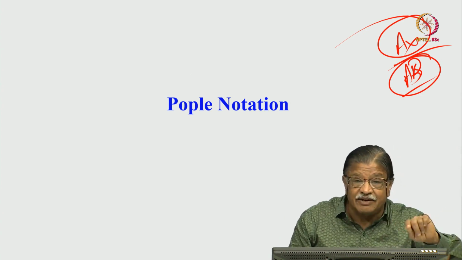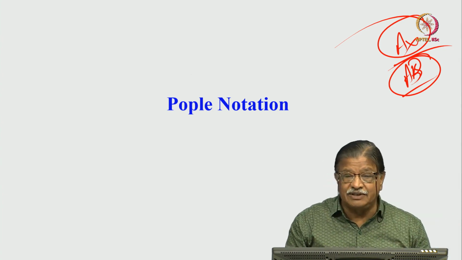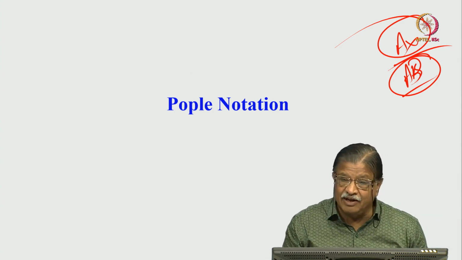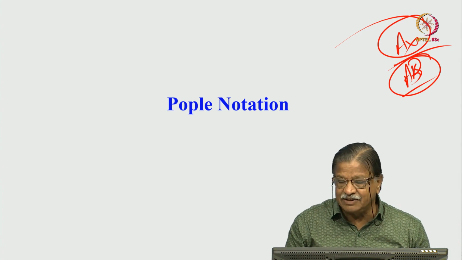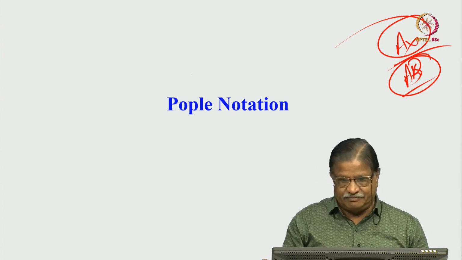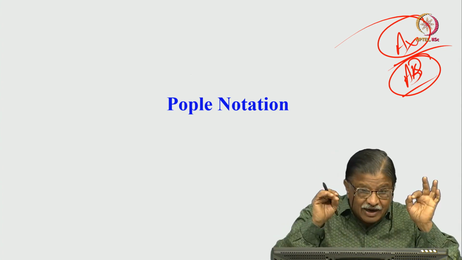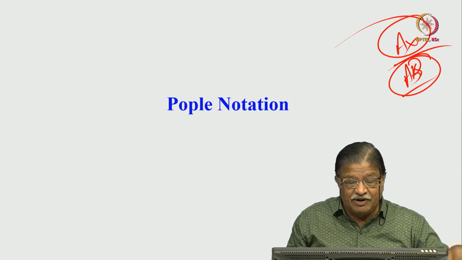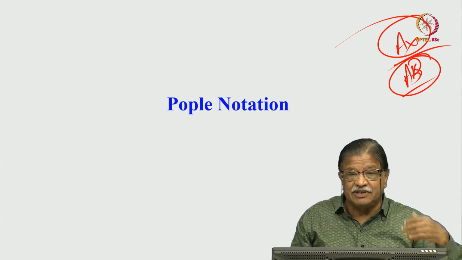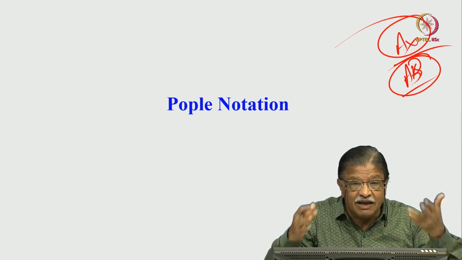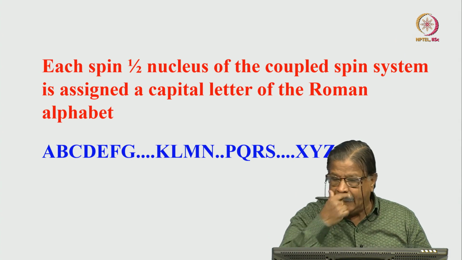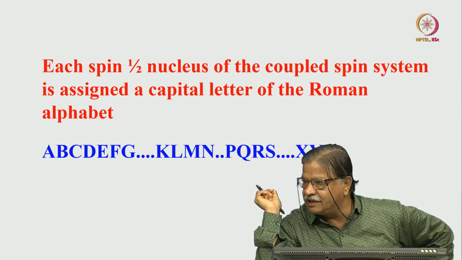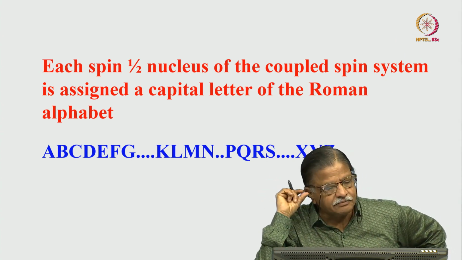There is a notation, a way we can say the spins are strongly coupled or weakly coupled. This is called Pople notation. I told you, you have to understand this. If you know the Pople notation, then when you are analyzing the spectrum, you can say whether the spins are strongly coupled or weakly coupled. And how do we put a nomenclature for this is like this.